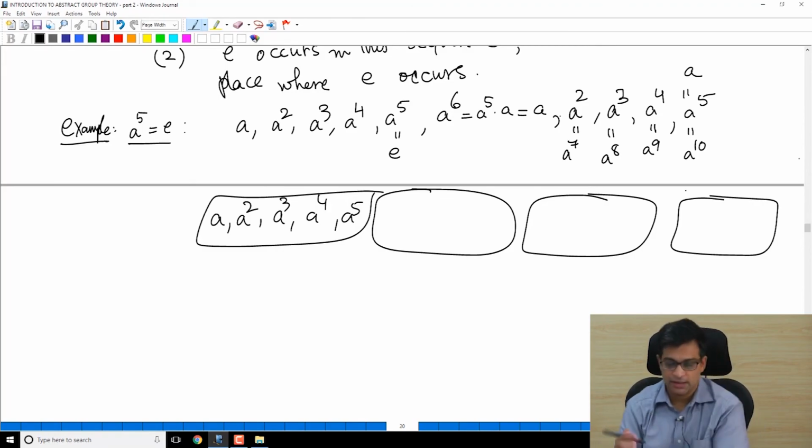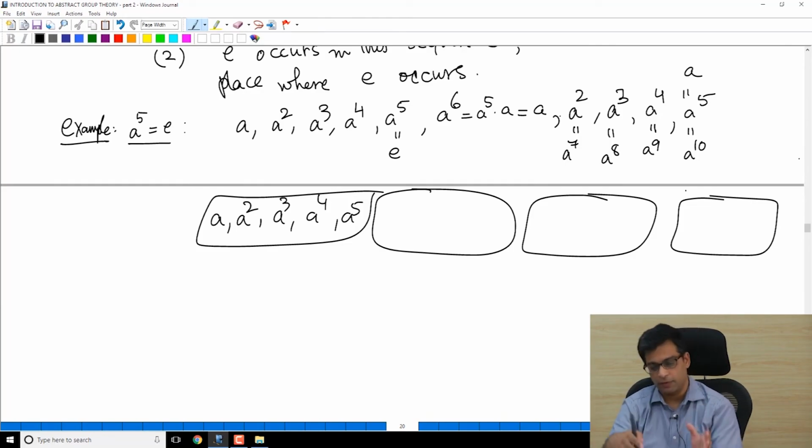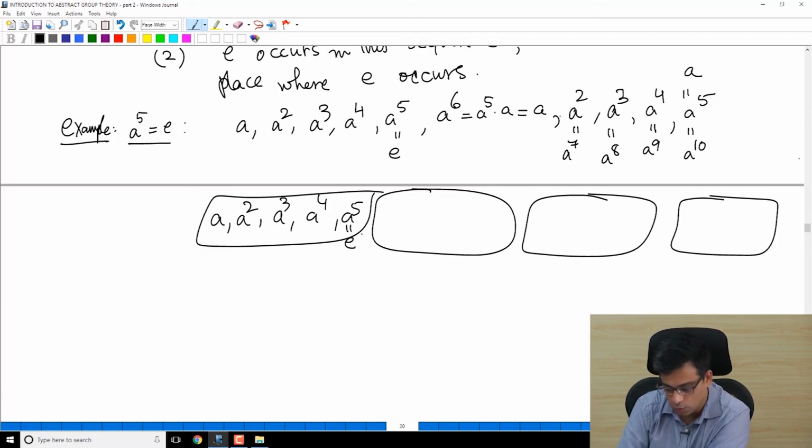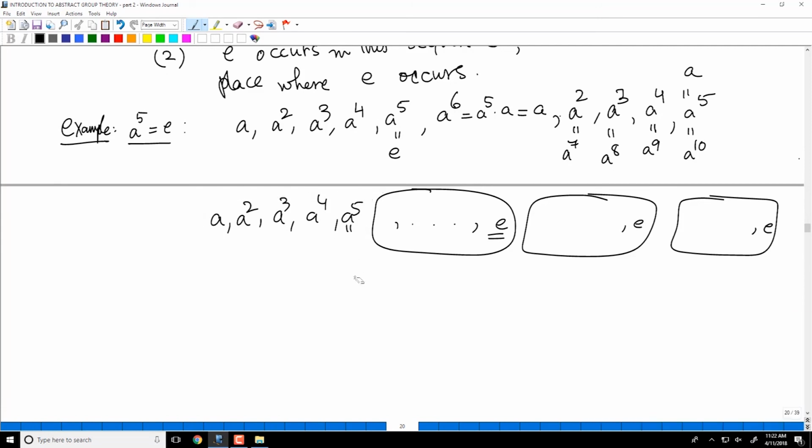So what we are saying is, if A power some number is E, that number must be a multiple of 5. So in this block, E must appear at the last spot in each block, and that spot is the multiples of 5. This is the fifth position, this is the 10th position, this is the 15th position, this is the 20th position.